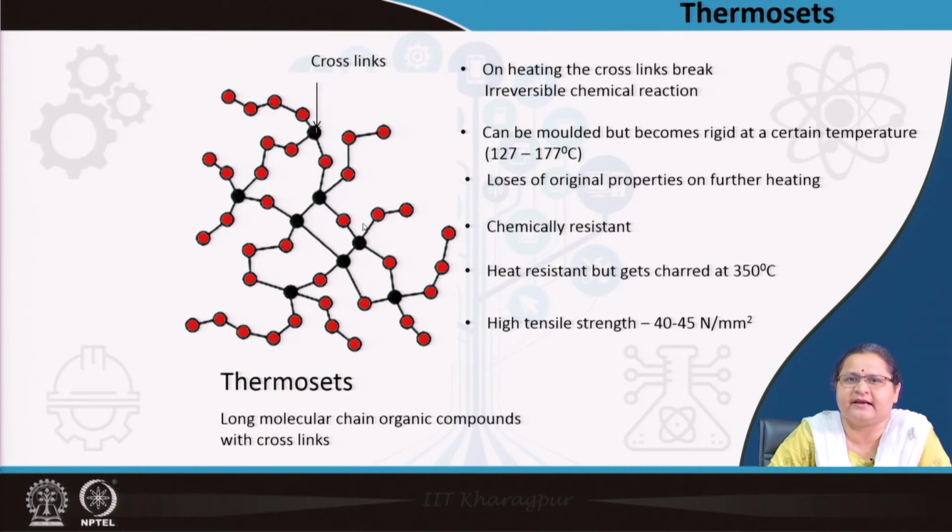These dissociate at a little higher temperature and they become rigid. So, these have higher tensile strength, but they are brittle in nature and they get charred at around 350 degree centigrade. They are chemically resistant.